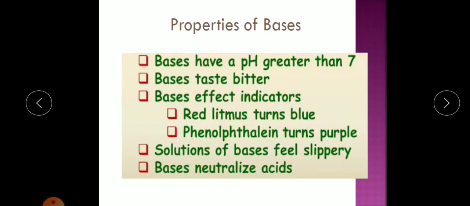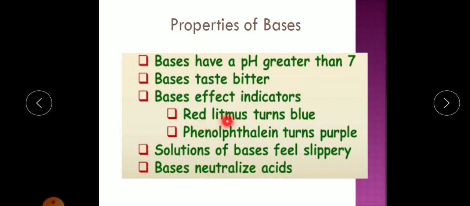Now, properties of bases. Bases have a pH greater than 7, and if you remember, acids have a pH less than 7. Since 7 is neutral, above 7 we have bases. Bases taste bitter. Bases affect indicators.